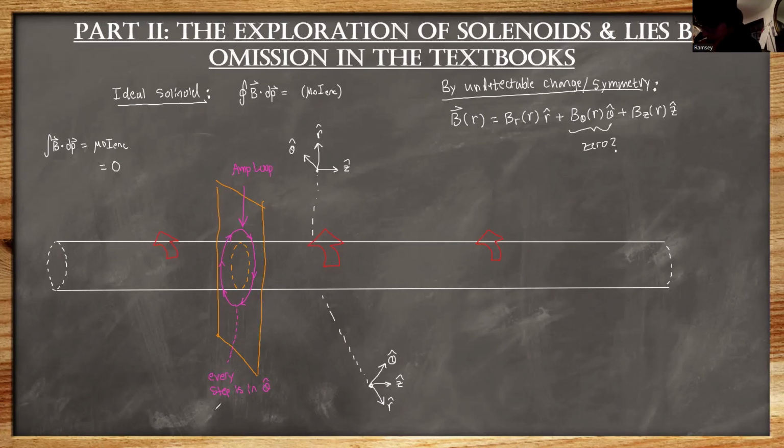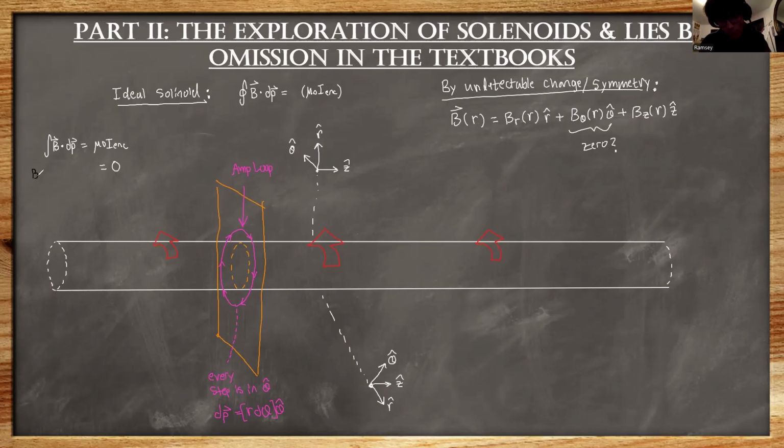So in our theta hat displacement, basically what we've shown is that dp is equal to r d theta theta hat, because we're walking in a circle that's concentric with the axis of the cylinder. So that's our displacement. So we know what our dp is, and therefore it's only going to be the theta component of B that matters, right?